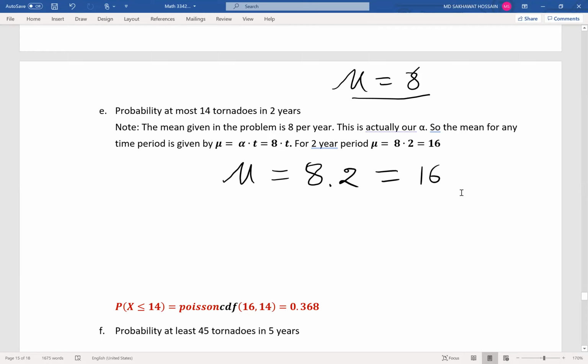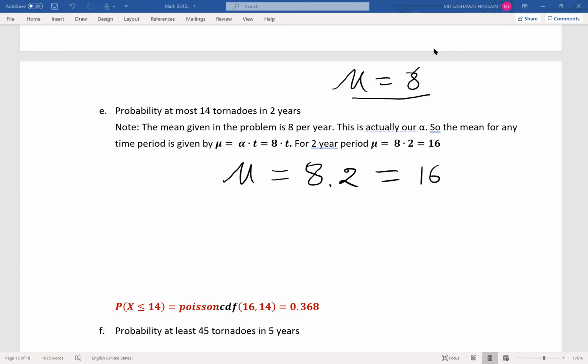So if the given period is 3 years, then what should be the mu? If we want to find the probability for a 3-year period, then what will be the value of mu? Yes, mu will be 24 because it is 8 times 3.